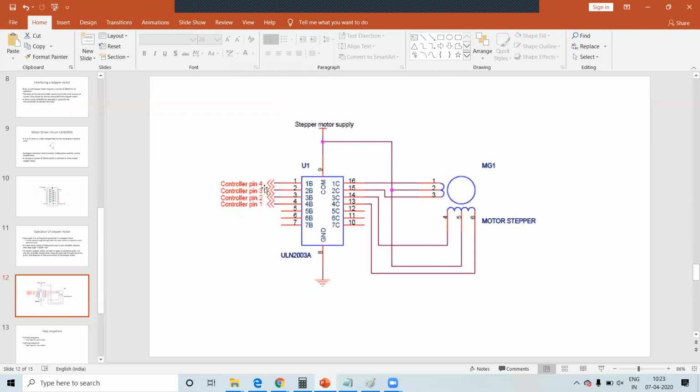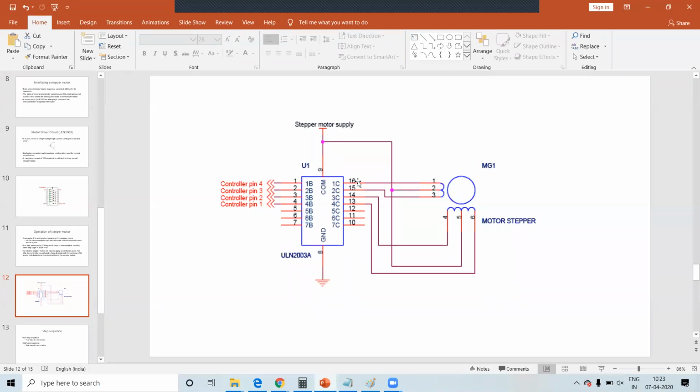You can see this. Pins number 1, 2, 3, 4 of the motor driver are connected to the outputs of the port. A value is given to this, and depending on that, the outputs get higher, amplified current, and they are connected to the windings of the stepper motor in this way.